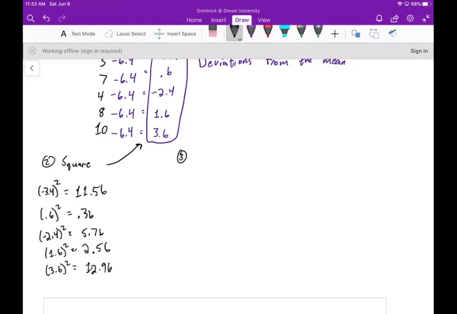So now we add them. So we get 11.56 plus 0.36 plus 5.76 plus 2.56 plus 12.96. If we add them, we get 33.2.